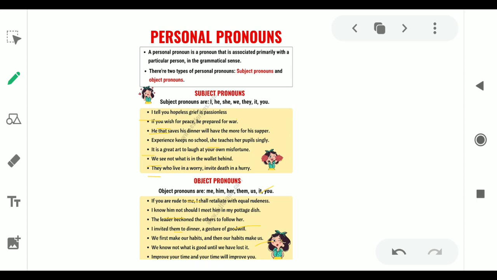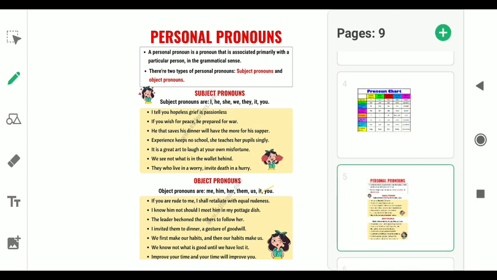In this line it is an objective pronoun, and in this line you is an objective pronoun. So when the pronoun is used as the object of the verb, it is known as an objective pronoun, and when the pronoun is used as the subject of a verb, it is known as a subjective pronoun. I hope up to here it is clear.